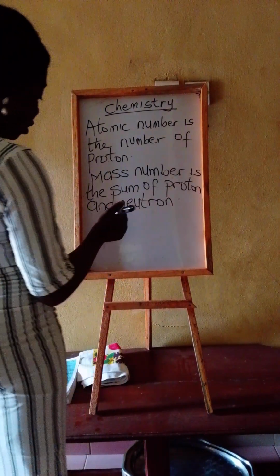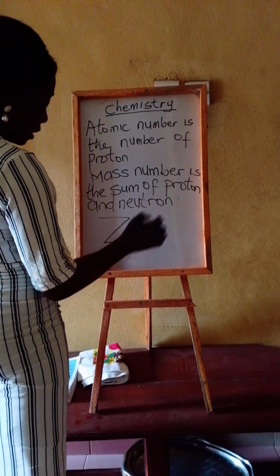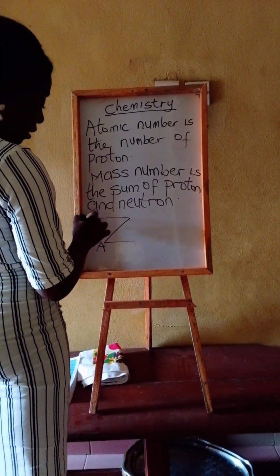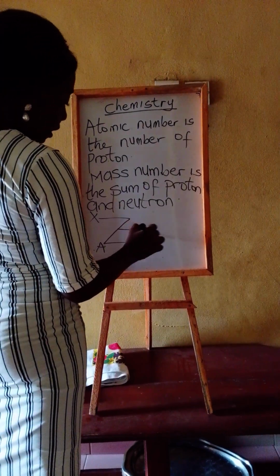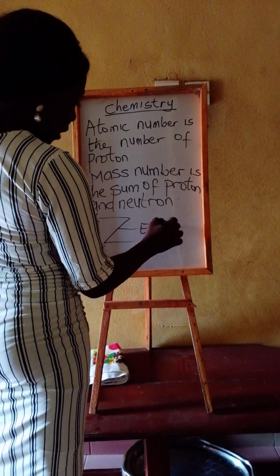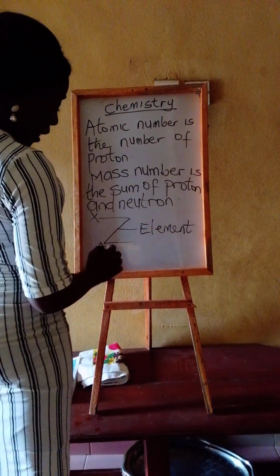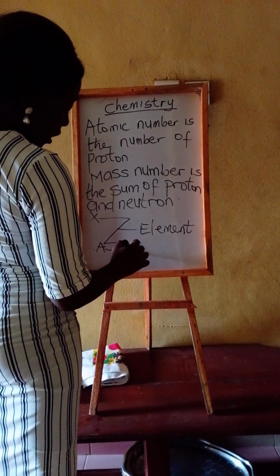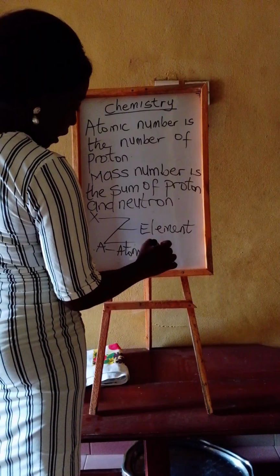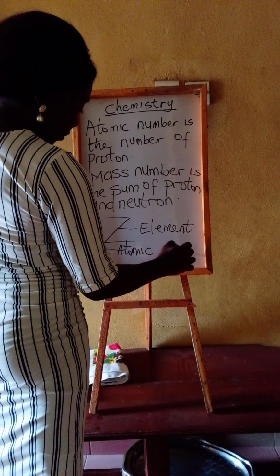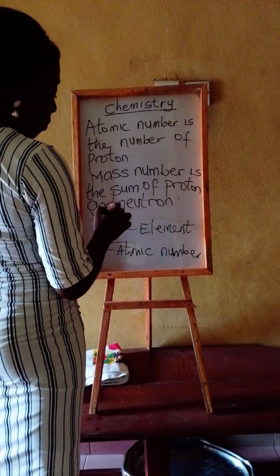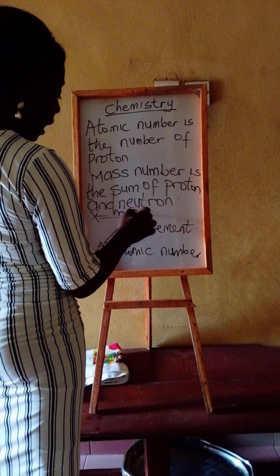So there are times you'll be given something like this, Z, then we have A and S. So the Z is representing the elements. A is representing atomic number. S is representing mass number.